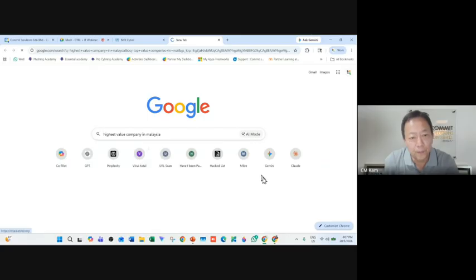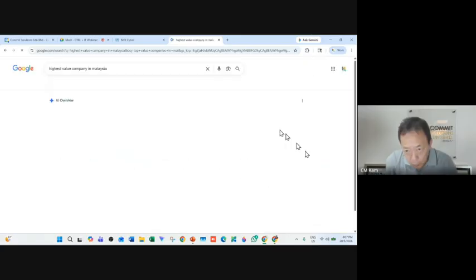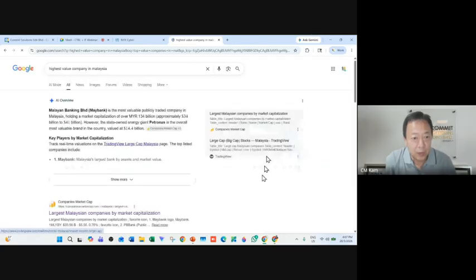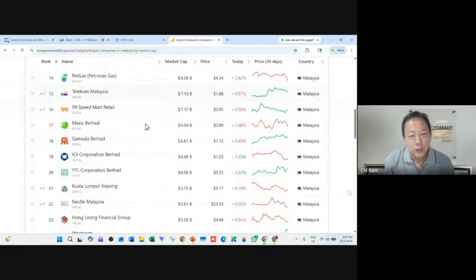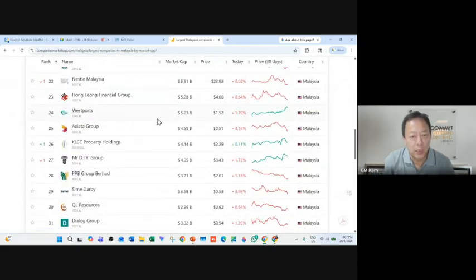High value. So we do a search. We look at the value of companies by market cap, right? Let's log into it and see what we can see. Sorry, it's a bit slow. Okay, now you can see the highest market cap values in Malaysia, Simi Bank and so forth. So we'll probably just pick one and see.